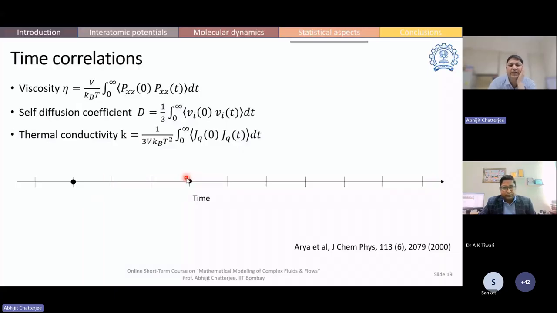So we can have a moving window where the gap is kept the same as time t, and we can collect a lot of sample points and then compute the average of the quantity, right? So these are standard calculations, a lot of which have already been automated and implemented in MD packages. And if you're interested, you can use them for your fancy complex fluid system.